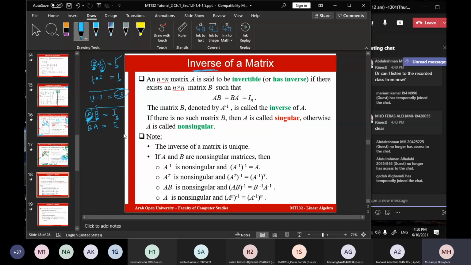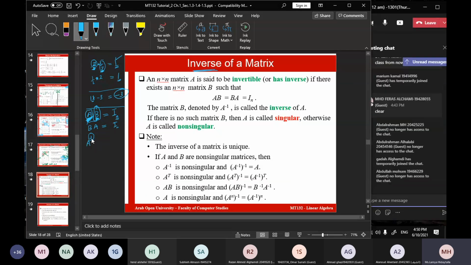Okay, and from now on, instead of writing the inverse by another name, for example B, we say that the inverse of A is A inverse. So this is just representing the inverse of the matrix. And so A inverse times A should give me the identity, and as well A times A inverse should give me the identity. Clear?